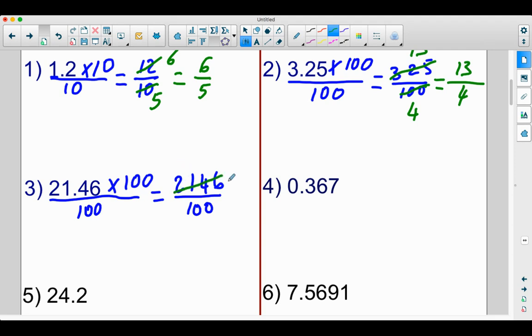So 2 divided by 2 gets 1. 1 divided by 2, okay, we have 0. 0 times 2 is 0, 14, 7. Okay, you have 0 left. 6 divided by 2, you will get 3. 100 divided by 2 is 50.